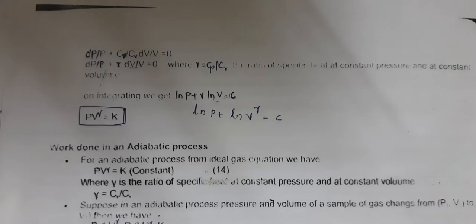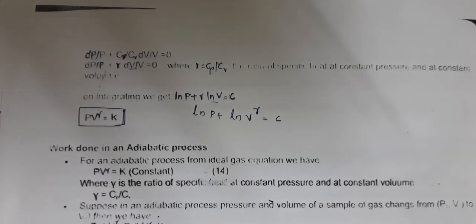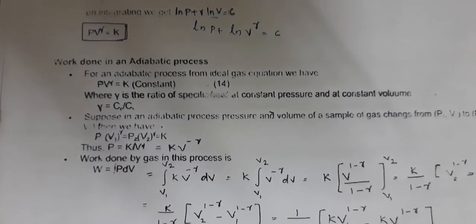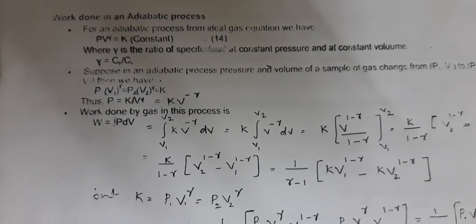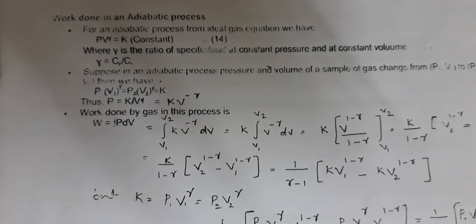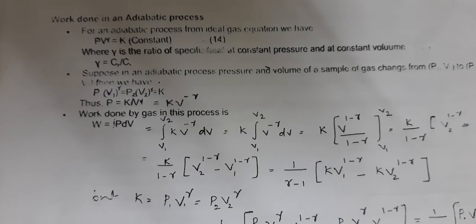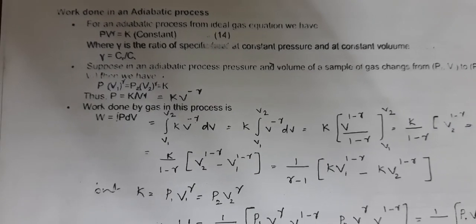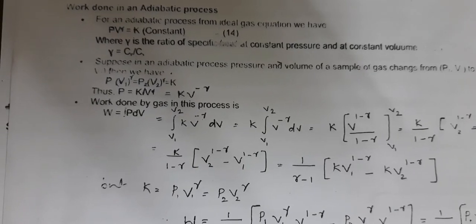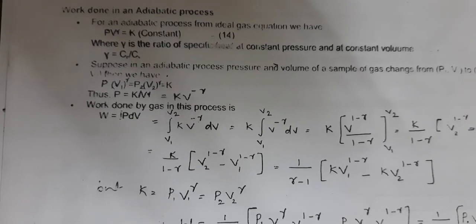Similarly, we can find the expression for work done in an adiabatic process. This is just an equation representing the adiabatic process. It's not compulsory to know the derivation part because it's an integration derivation. For all the integration derivations, CBSE has told you can skip the integration steps and focus only on the equations.